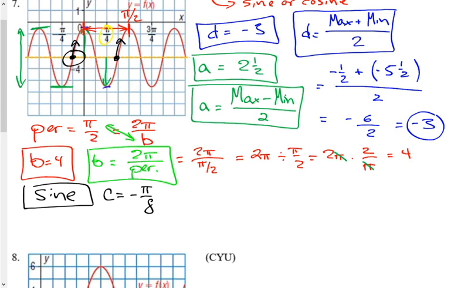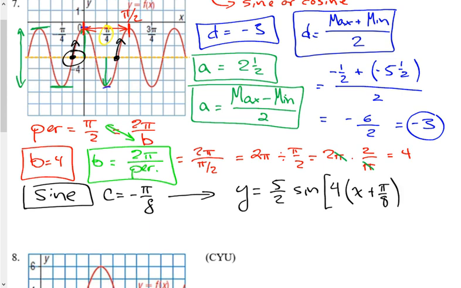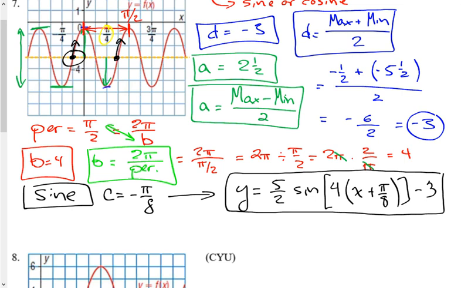So that's one possibility for the c, which would mean our equation would be y equals a is 2.5. I'm going to go with 5 halves sine my b value of 4. My c value was to the left, so it'll be plus pi by 8. And my d value was negative 3. So there's one equation we could use.